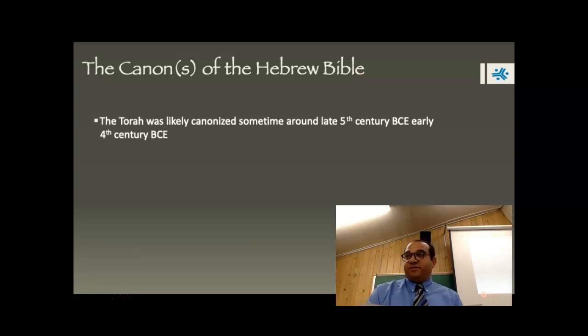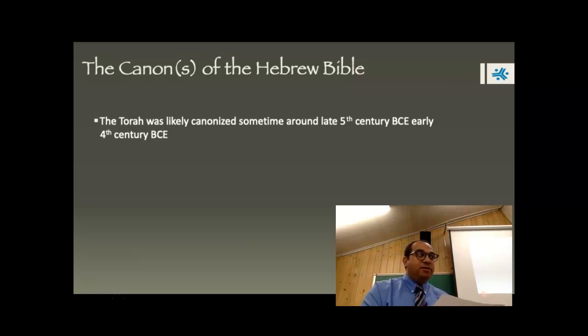Another interesting difference between the Protestant canon or the Catholic canon, and the Orthodox canon, if you exclude Maccabees, follows that in some ways. Look at how the Hebrew canon ends and how the Protestant canon ends.